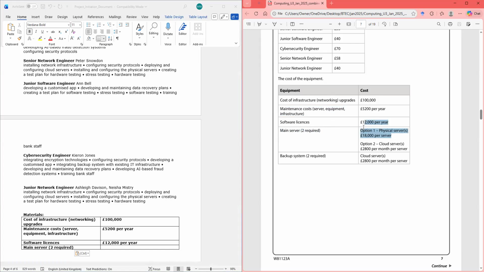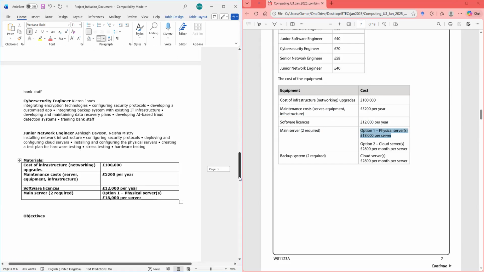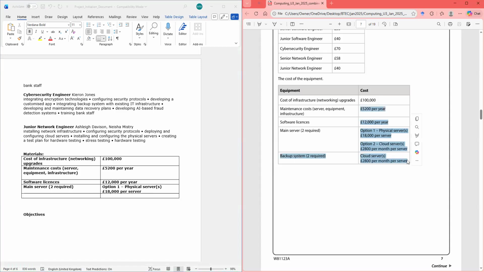I used only the physical server. I did not use the cloud. Could use option 1. I'm going to clean this up in a minute. And then we have to do the backup, which would be 2 required.